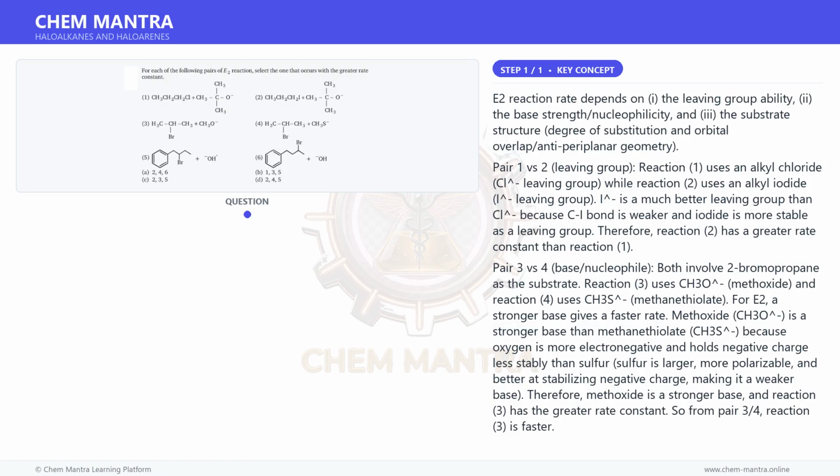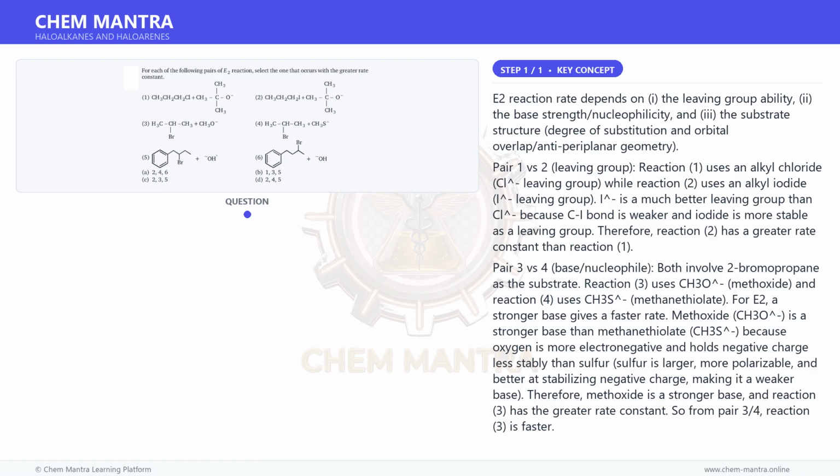Methoxide, CH3O-, is a stronger base than methanethiolate, CH3S-, because oxygen is more electronegative and holds negative charge less stably than sulfur. Sulfur is larger, more polarizable, and better at stabilizing negative charge, making it a weaker base. Therefore, methoxide is a stronger base, and reaction 3 has the greater rate constant. So from pair 3/4, reaction 3 is faster.